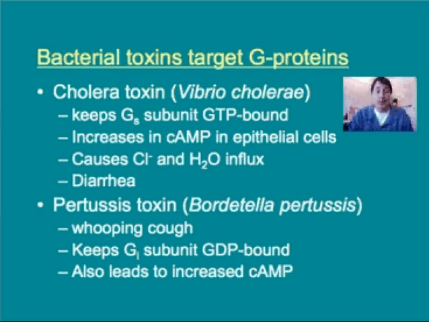Pertussis toxin, on the other hand, whooping cough, that's caused by an inhibition of the GI subunit in the lungs. So a GI is supposed to inhibit the formation of cyclic AMP. The inhibition of a GI subunit causes an increase in production of cyclic AMP.